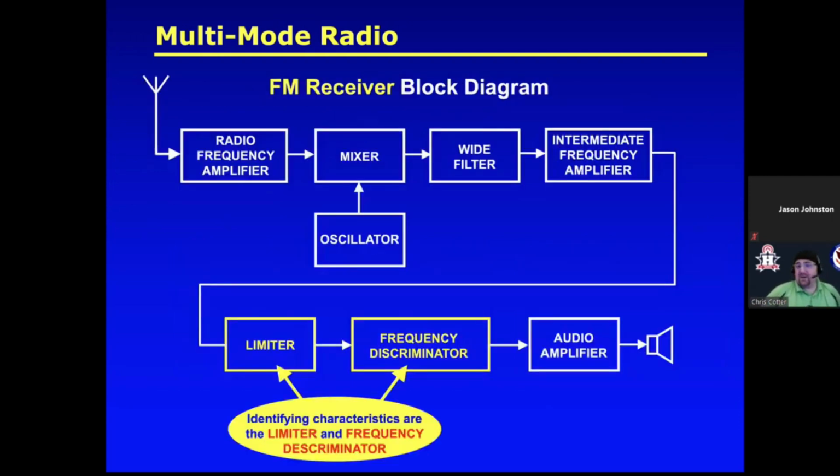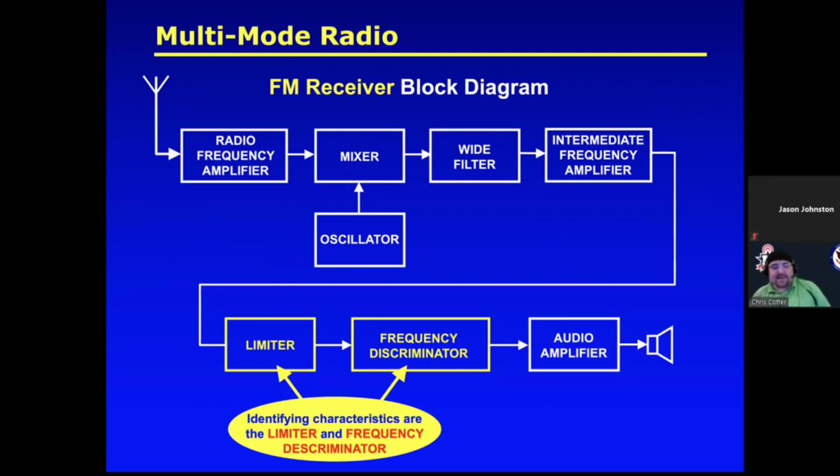Here is an FM radio. As you can tell, it's quite a bit more complicated here. The more parts that it goes through, because an FM signal is a very wide band signal, and it does not work like AM does. So you have the signal coming in.